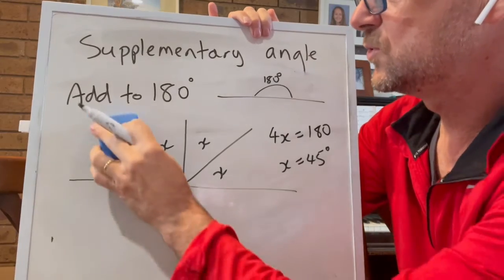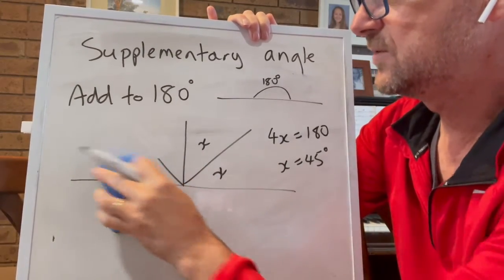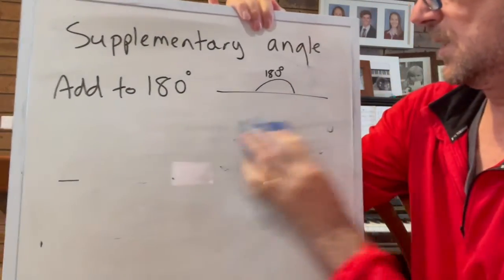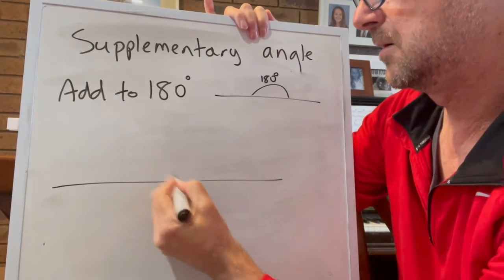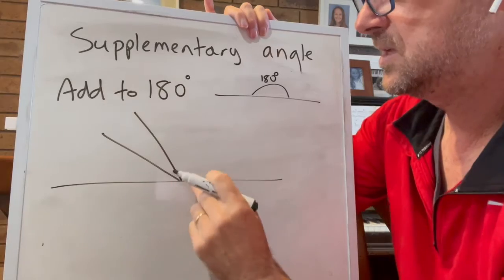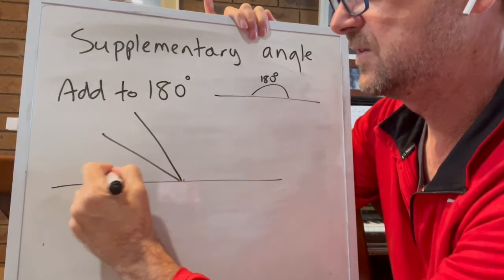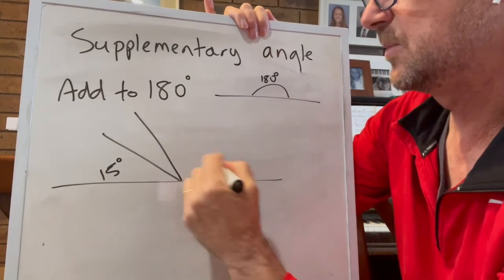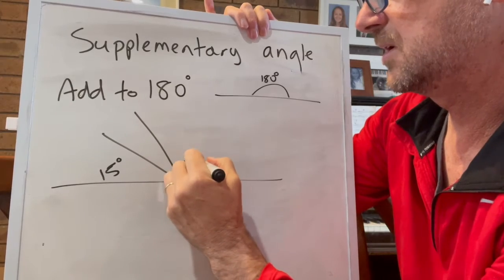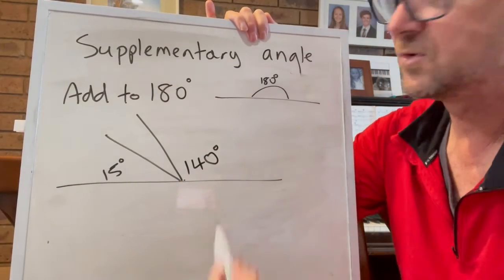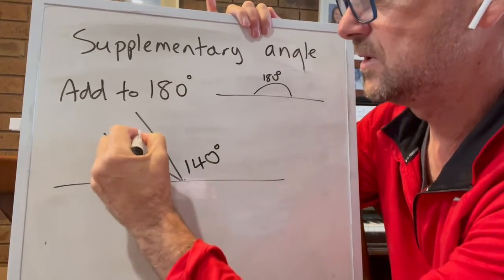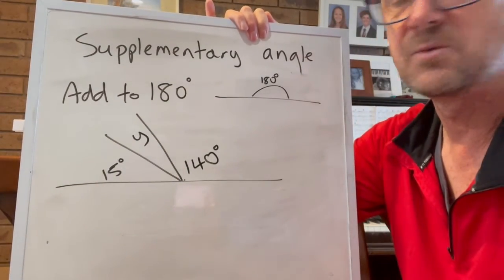Similarly as before, it might be a case that you're given something like this, and you might be told that one is 15 degrees, and you might be told that this one is, say, 140 degrees. And then you've got to find out the value that's missing in here, which is y.